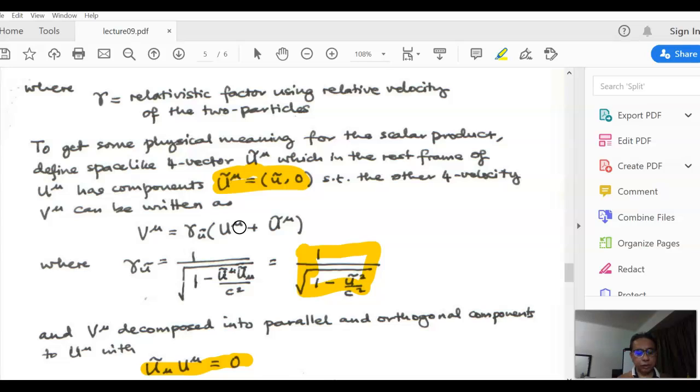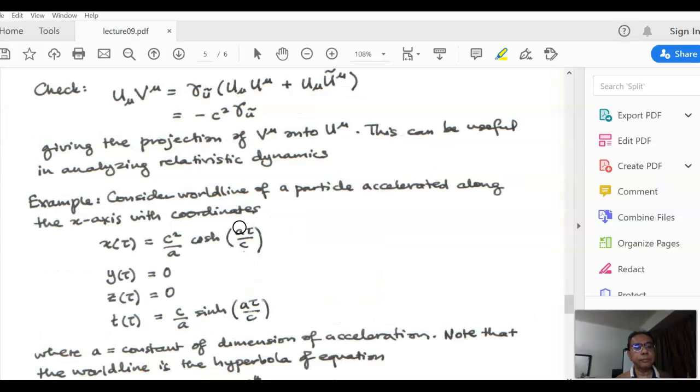So now we can generalize the situation so that you don't need to consider U mu in the rest frame anymore.